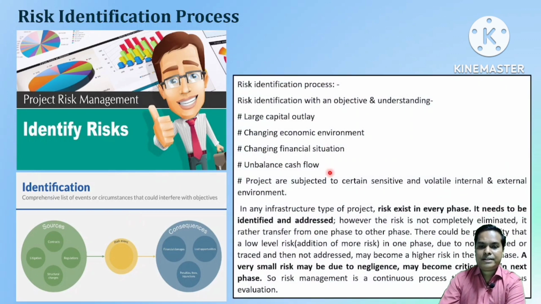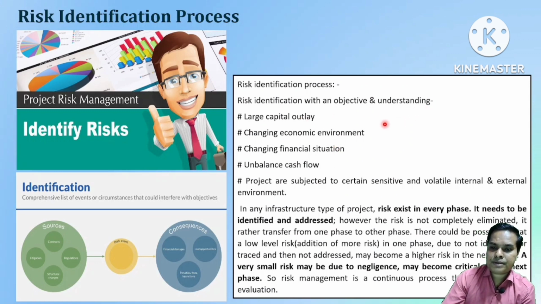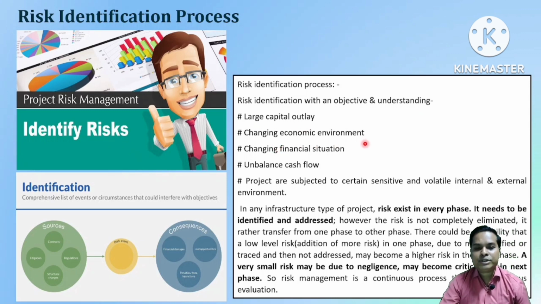So the risk identification process is mainly with the objective of understanding large capital outlay and the changing economic environment. During demonetization, there was a big risk for many business people. There were a lot of changes during this transition period.